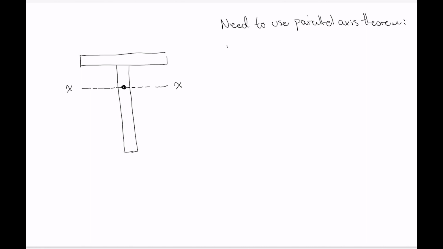And that is I equals the summation of I plus A d squared. It's really like doing superposition, but you put in this extra term that corrects for the fact that the component shapes that you're combining have centroidal axes that aren't collinear. They have centroidal axes at different positions, and that last term in the equation accounts for that.